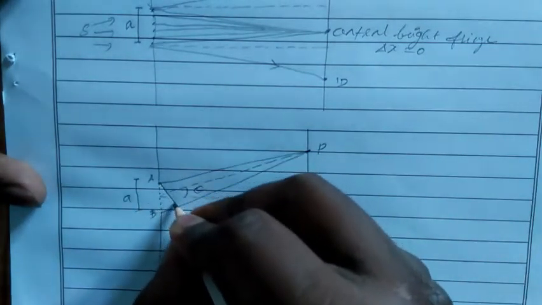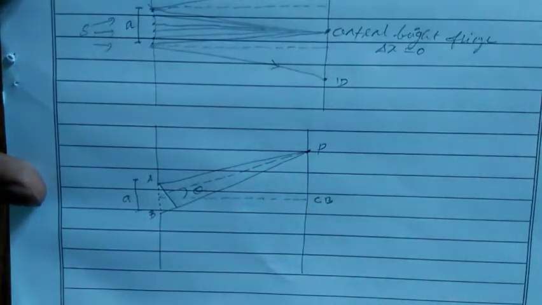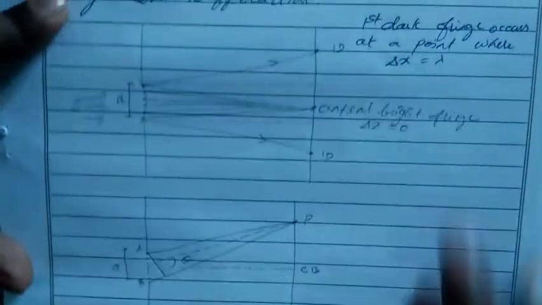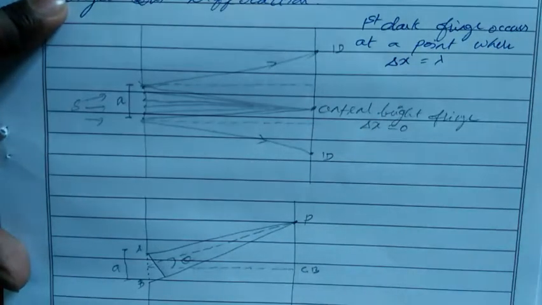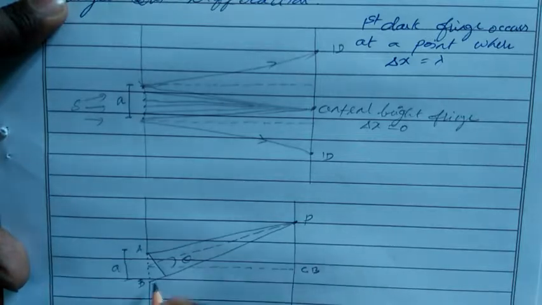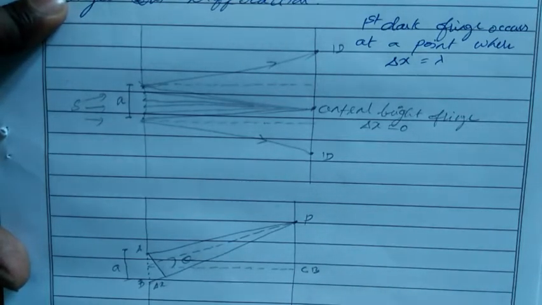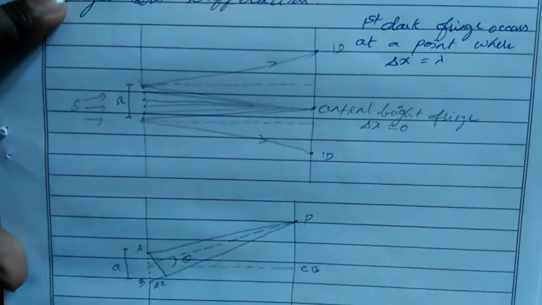Clear? If we draw a perpendicular line, then we will get the path difference. The first dark fringe occurs at a point where del x equals lambda. So what is del x actually? Del x is this distance, the difference BP minus AP, that is the path difference.